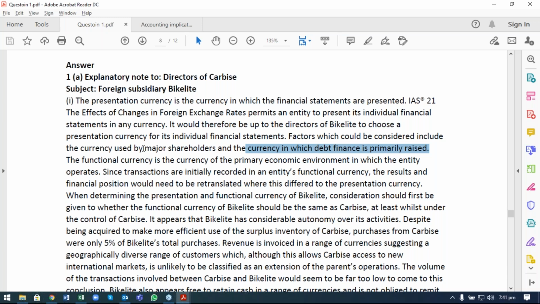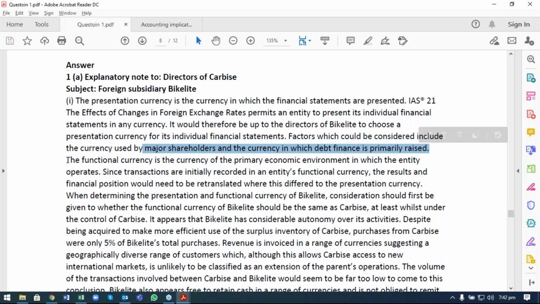These are the two major stakeholders of the business, the lenders and the shareholders. So if they understand UK pounds better, and you are providing the data in US dollars, it might not be relevant to those stakeholders. So you need to fulfil the requirements of the framework as well. I hope you're getting the point.